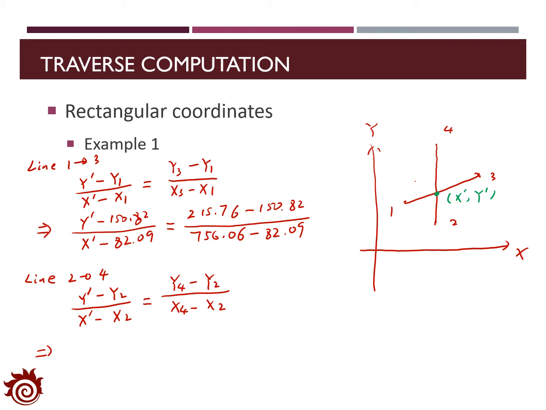That is y prime minus 36.90 and x prime minus 470.93 equal to 347.30 minus 36.90, divided by 485.69 minus 470.93.